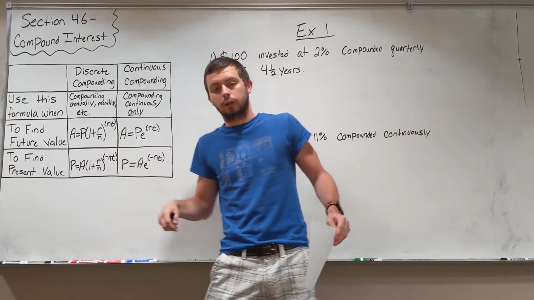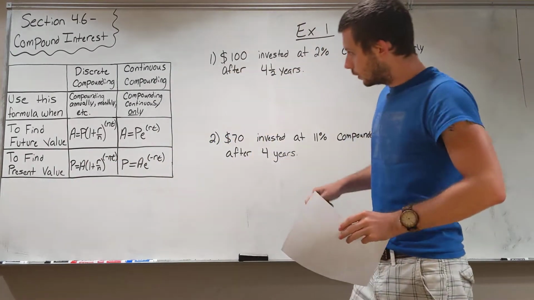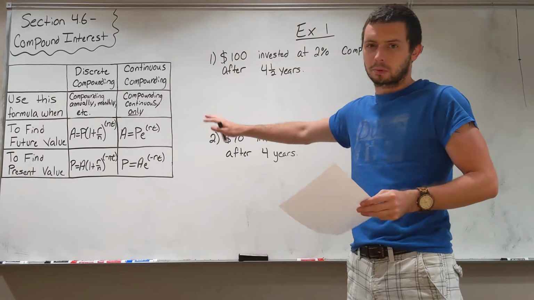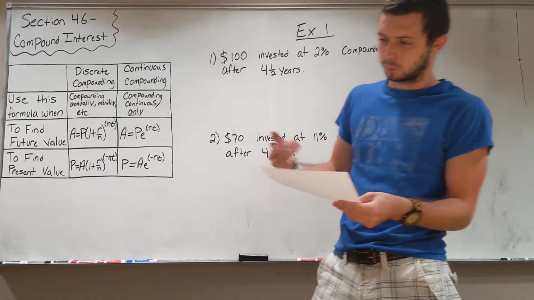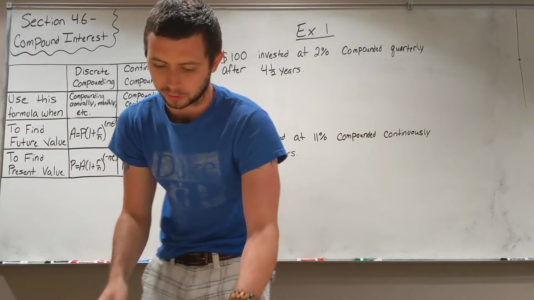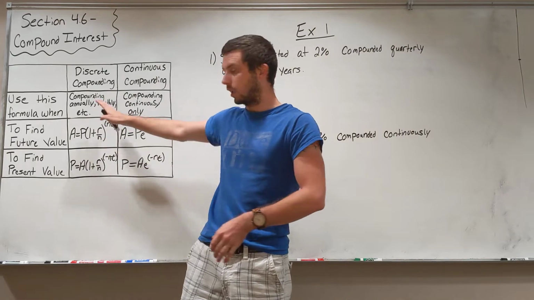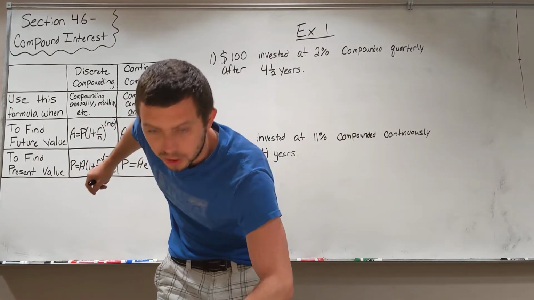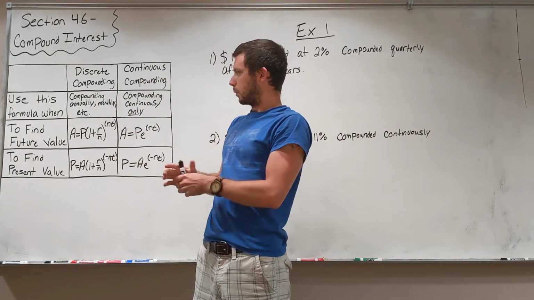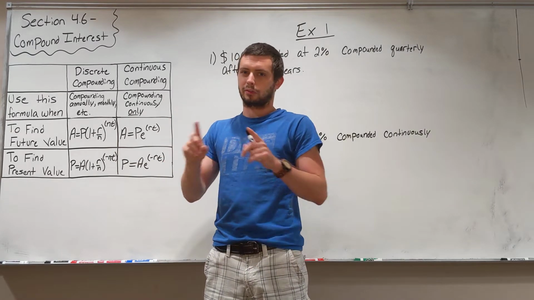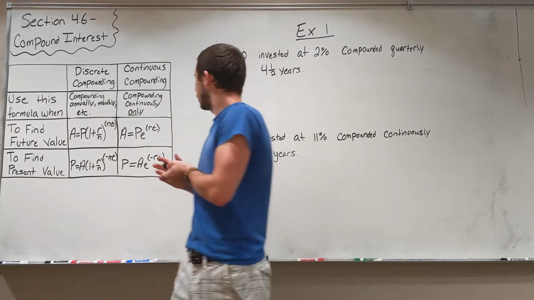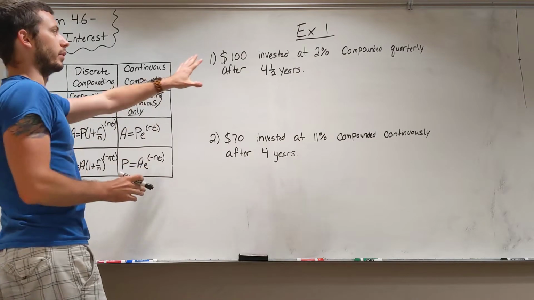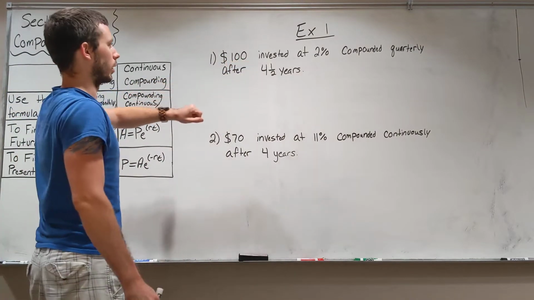That's what this row would represent. And again, we'll go through all these problems and give a little bit more clarity as to what all this means, but this table at the bottom of page 86 in the notes pretty much summarizes everything above it. So let's go ahead and look at these first two problems from example 1.